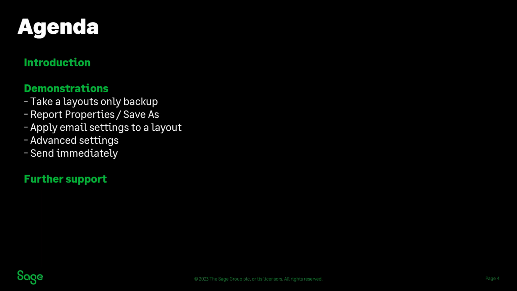So what if it goes wrong? How can I get around that? We're going to look at taking a layouts only backup, changing the report properties and saving your layout, just in case you haven't already amended one of the standard layouts. And then we'll run through the demo looking at the email settings themselves, the advanced settings and the send immediately option. Once we finish the demos, we'll explain more about the additional support.